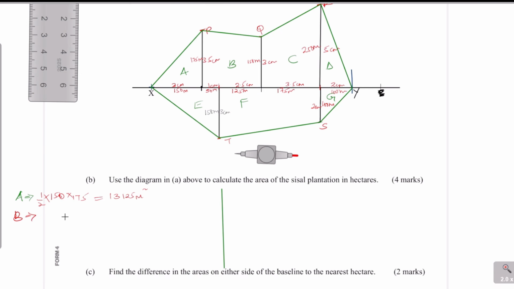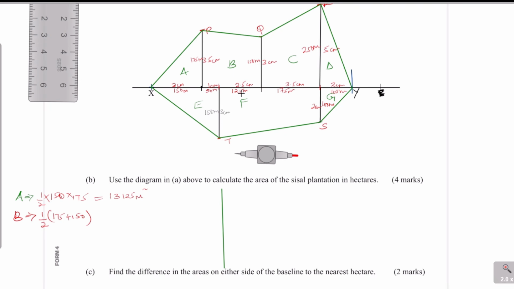For region B, that is a trapezium. How do you get the area of the trapezium? Half times the sum of the two parallel sides. The two parallel sides are 175 plus 150, then times the height. The height is this, 50 meters plus 125. So it is from this point to this point.